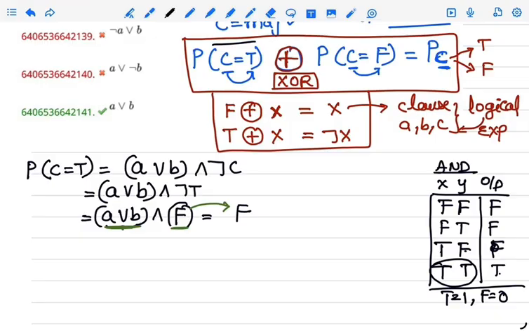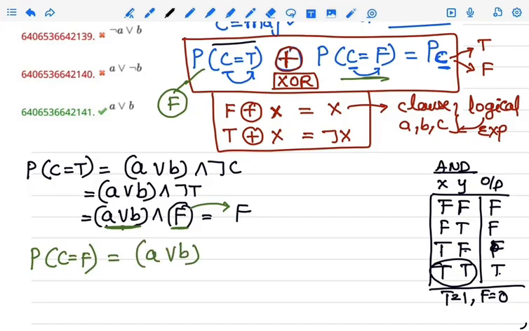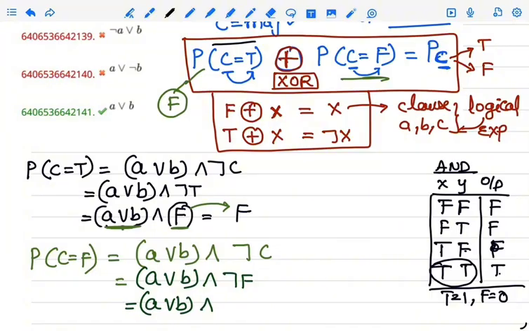Now we want to find the value for C equals false. That is, A or B and not of C with C equals false, so not of false, which is true.